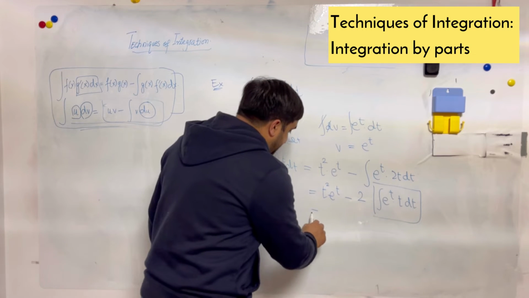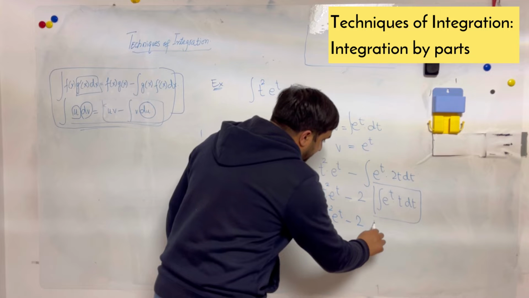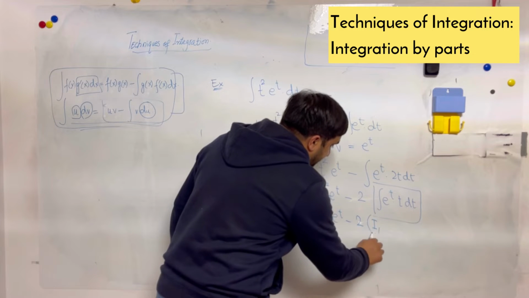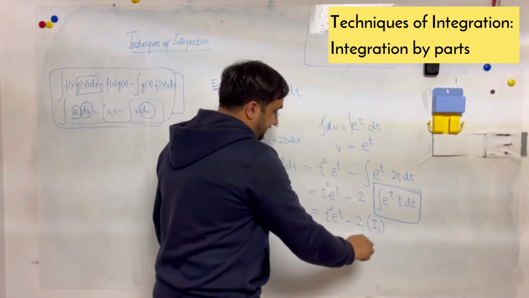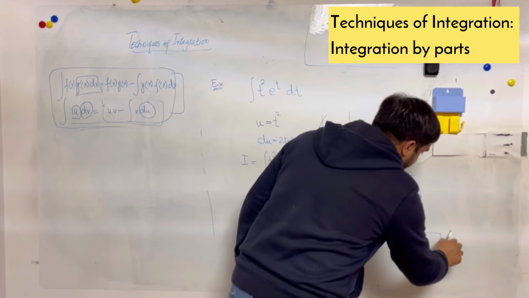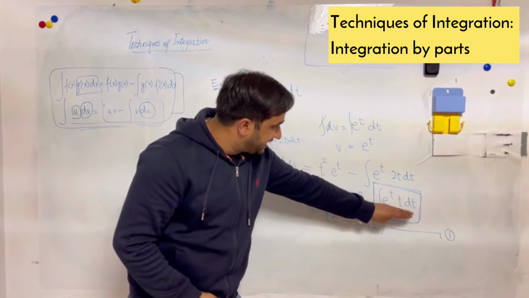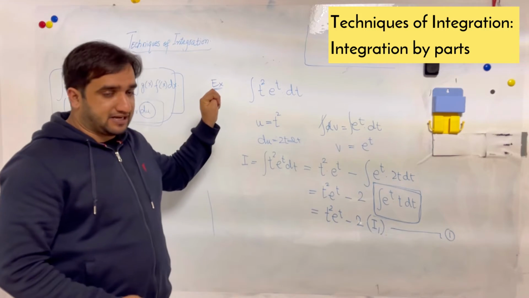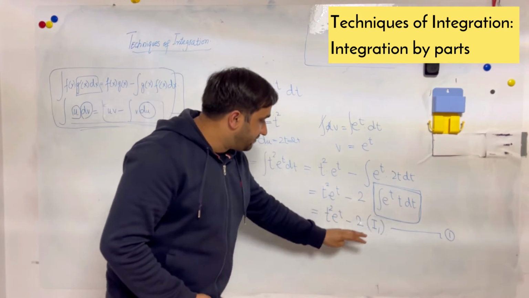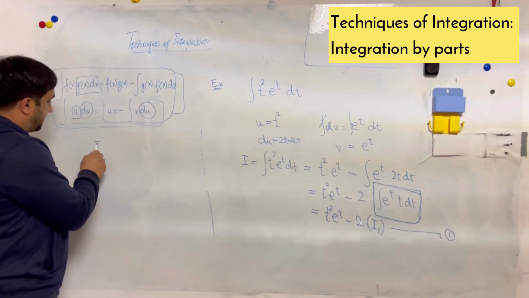So you will write it as t square e^t minus 2, let me say this is I1, and this is equation 1. Now first I have to solve this I1 again following the same method, and we will put that answer here, that will be the total answer.